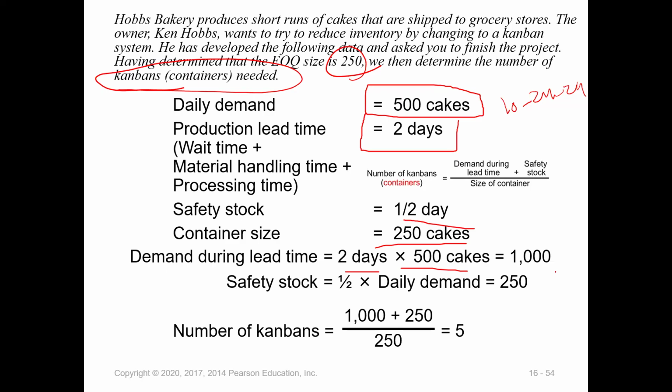He has developed the following data and asked you to finish the project, having determined the EOQ size. We then determine the number of Kanban containers needed. The daily demand is 500 cakes. The production lead time is 2 days. The safety stock is half a day.